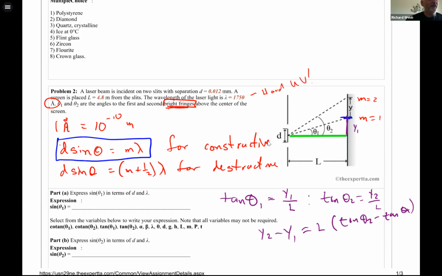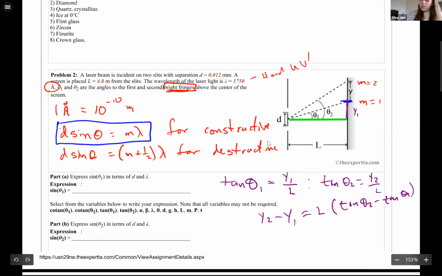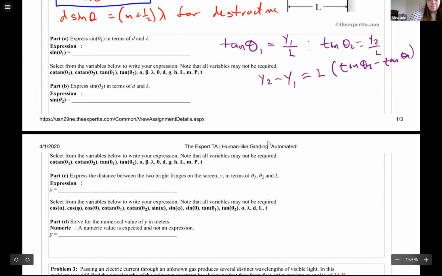That's just factoring out the L. Then do you just plug in the numbers? Yep. That's for C. Yeah, that's for C.